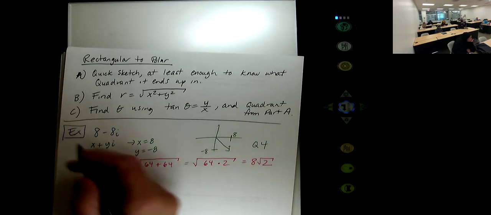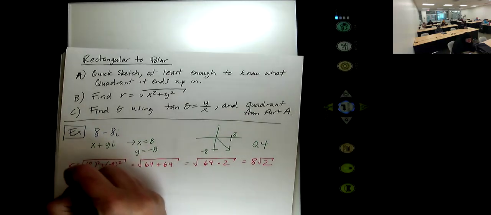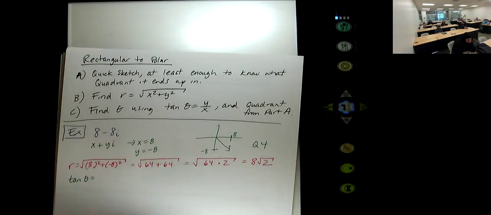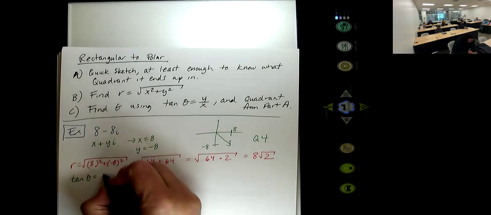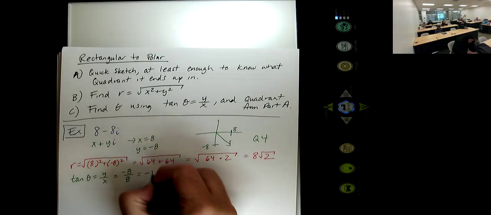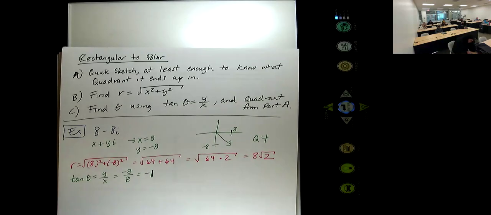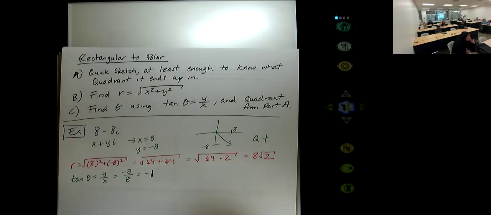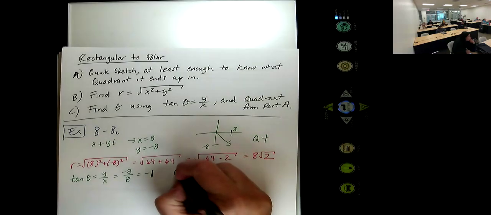Then we look at tangent theta. Tangent theta has to equal y over x, which is -8 over 8, which is -1. Where does tangent theta equal -1? Quadrant 2, 4, at what angle?